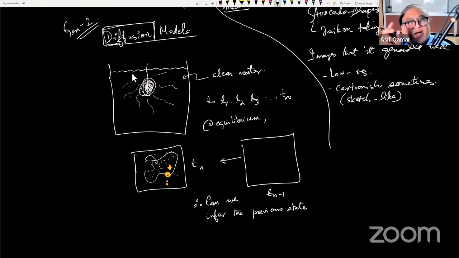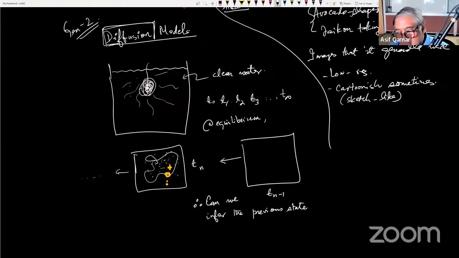Let's say a millisecond apart. You can say, well, of course I can. Diffusion is a slow process, and therefore I can undo it, because at each moment I do have some notion of a gradient, and I could undo it. Are we together? And then you could say, can I go back and keep going back to the previous and the previous and the previous state? Because if I can do it once, I could probably do it again.